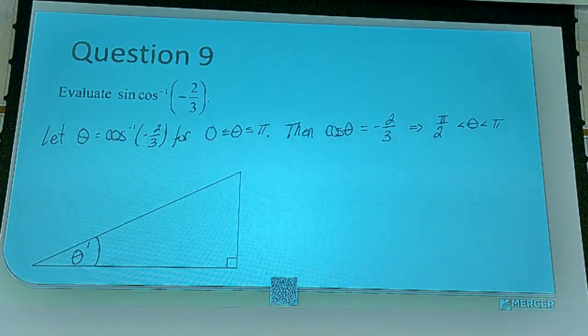Right, that's the whole point of a reference angle. That's theta prime. How is cosine defined on a right triangle? Adjacent over hypotenuse. Which means the adjacent is 2, hypotenuse is 3. What's our missing length?